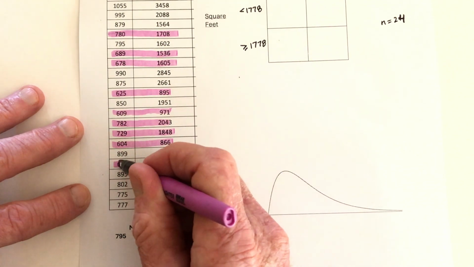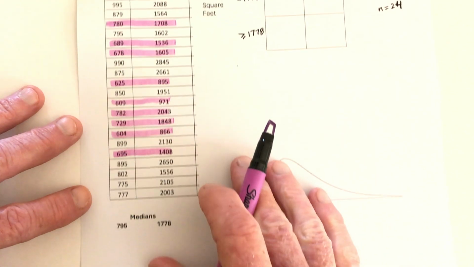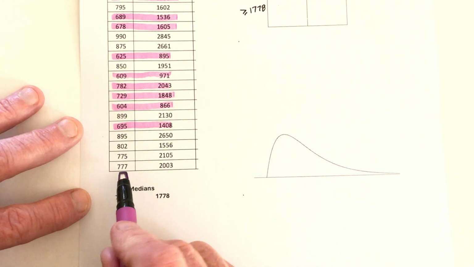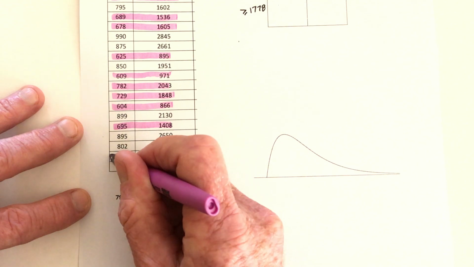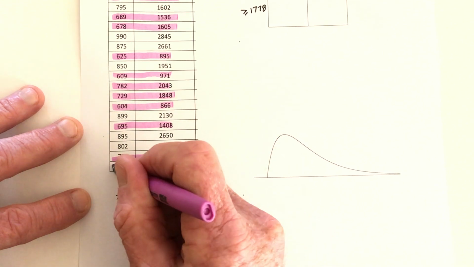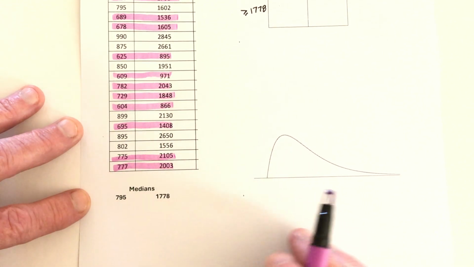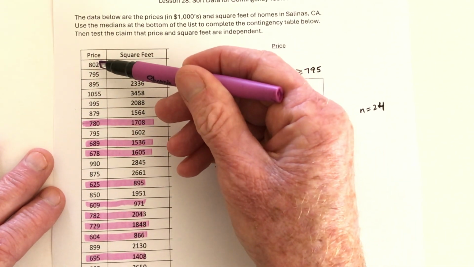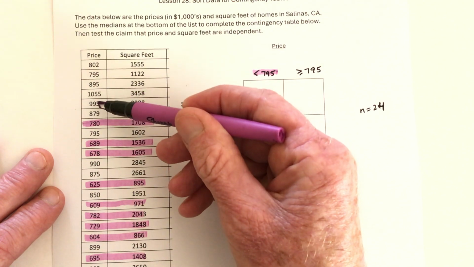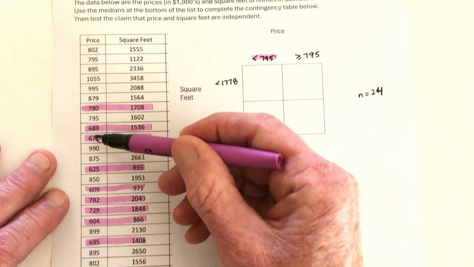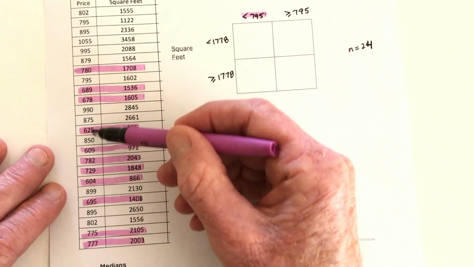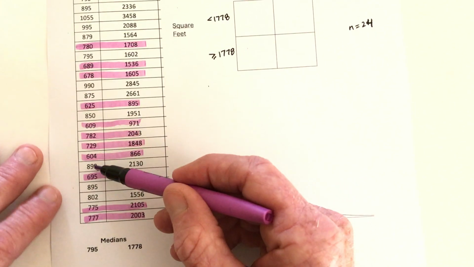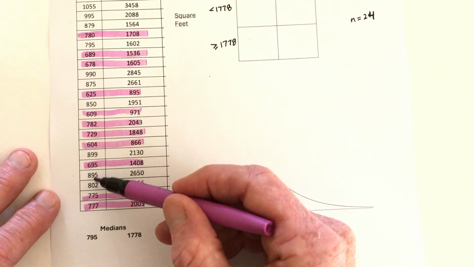This one is less than $795. And these two are less than $795. And then I'll double check and go back through and make sure that I got all the ones that are less than $795. Looks good so far. All those are less than $795, and this one is not less than $795.